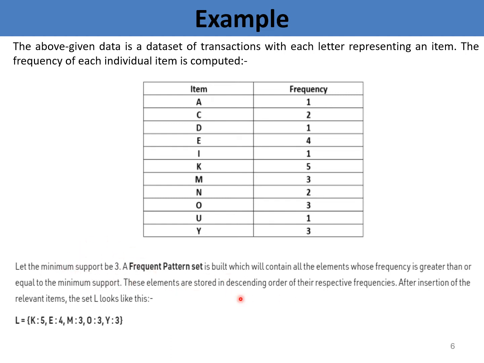These elements are stored in descending order of the respective frequency. Now the items with frequency lower than 3 are removed, and the remaining items are sorted in descending order and mentioned here: K5, E4, M3, O3 and Y3.